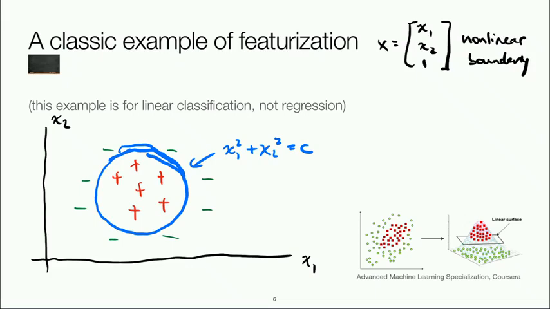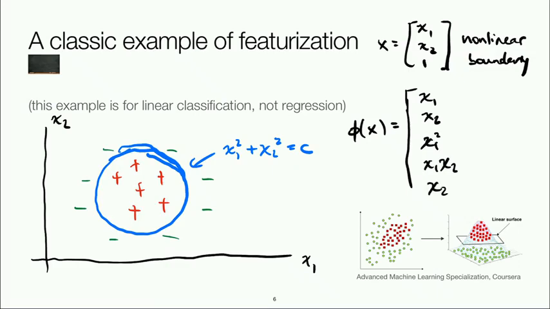However, if I had some feature representation that was a little smarter and tried to include not just these linear terms, but also these quadratic terms, like x1 squared, x1 x2, x2 squared, maybe also a bias term, why not?